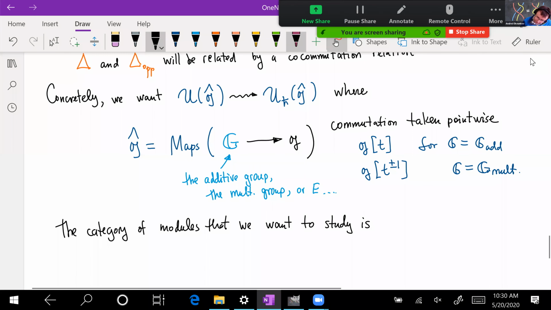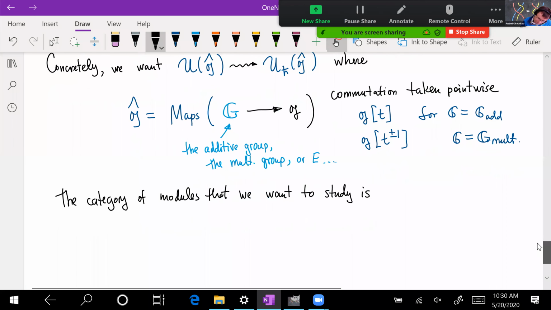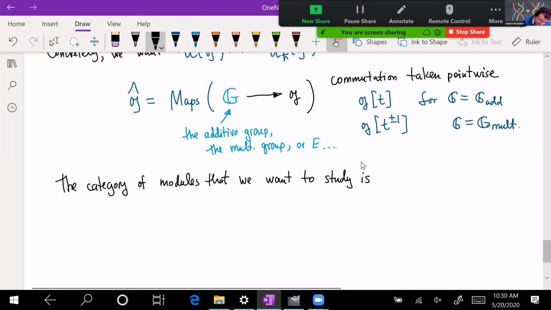So first you take, so before the deformation, study modules of the following kind. You have my Lie algebra G. This is maps.